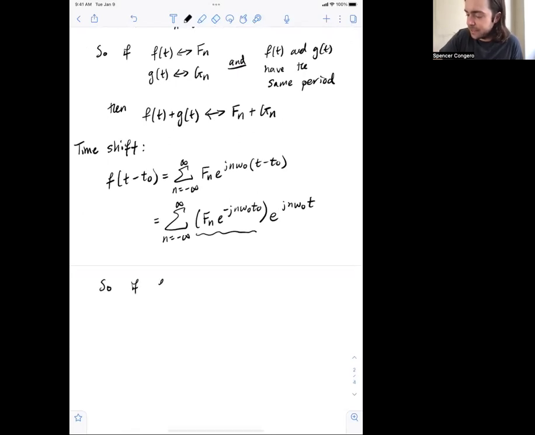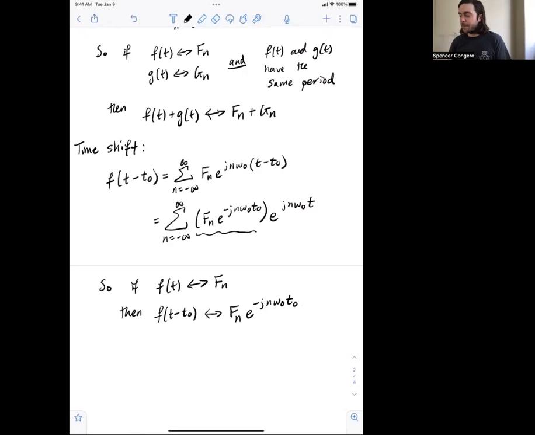If f of t has Fourier series coefficients f sub n, then when I time shift my function, what happens to the Fourier series coefficients? They actually get a phase shift. They get this angle shift. They get multiplied by e to the negative j n omega naught t naught. Okay, that's what happens with a time shift.